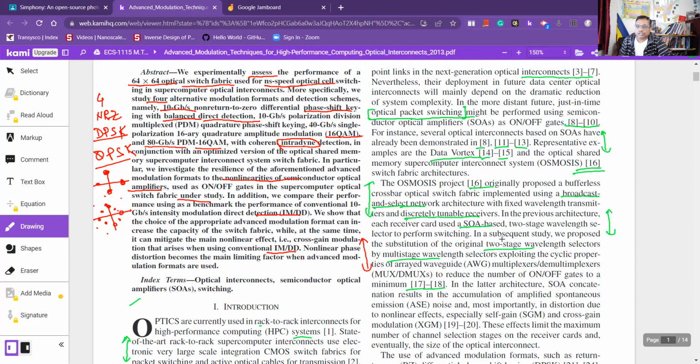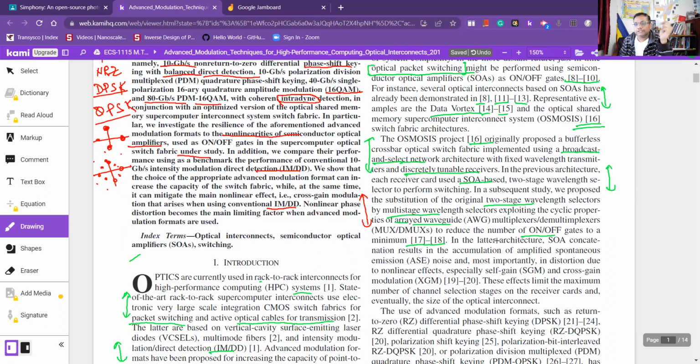This is again a very beautiful structure, called an arrayed waveguide, AWG, and it works as a multiplexer and demultiplexer. And what is its application? Ultimately, the use of AWGs reduces the number of on-off gates.